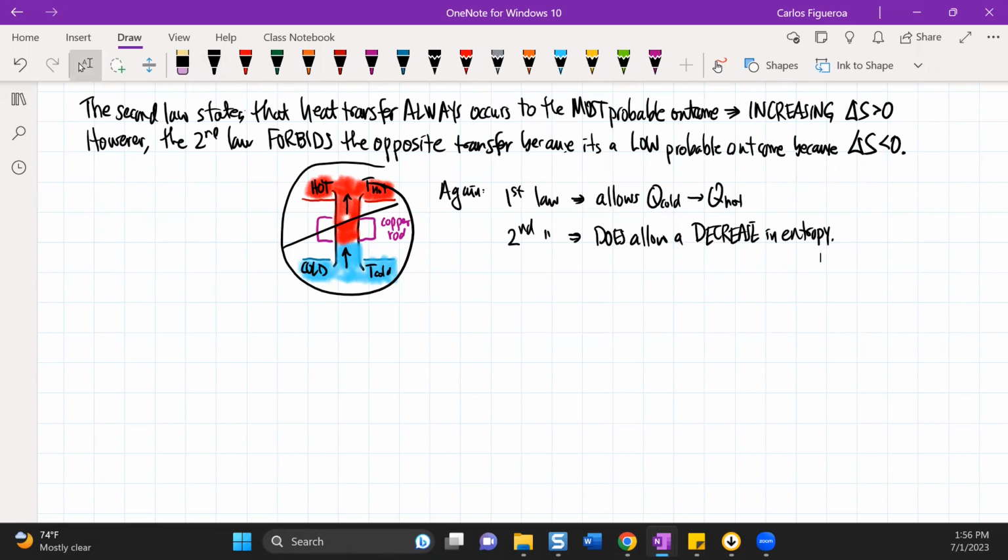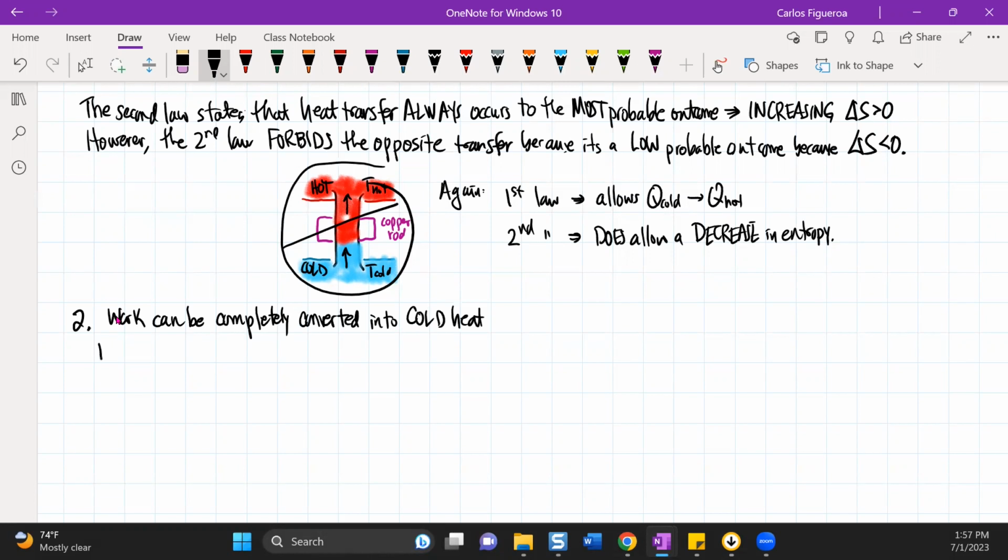Now, let's look at another of the diagrams too. This one here is that work can be completely converted into heat. And you'll see what I mean by that. I really mean heat. So what do I mean about that?